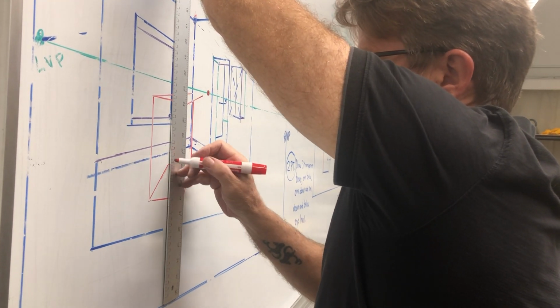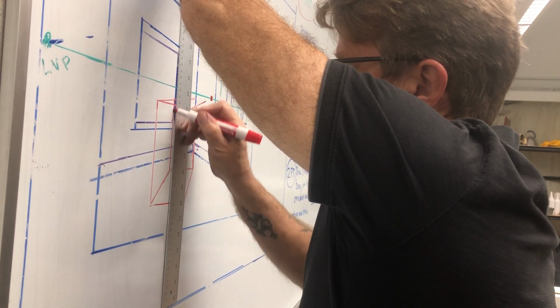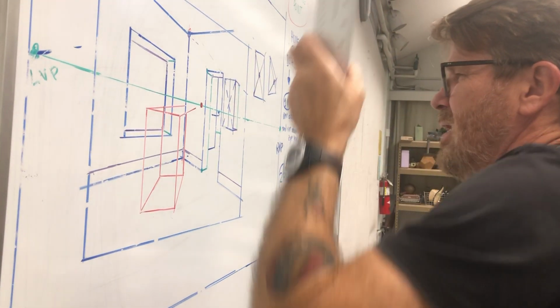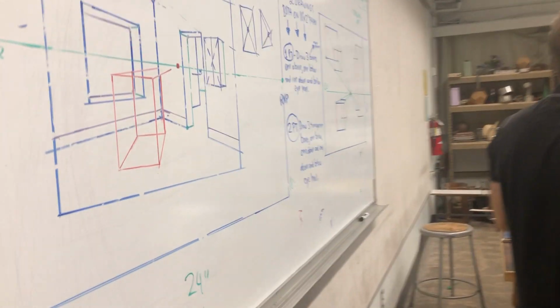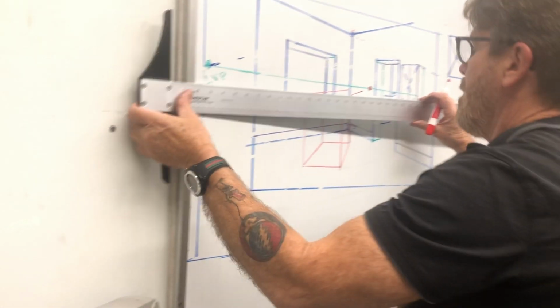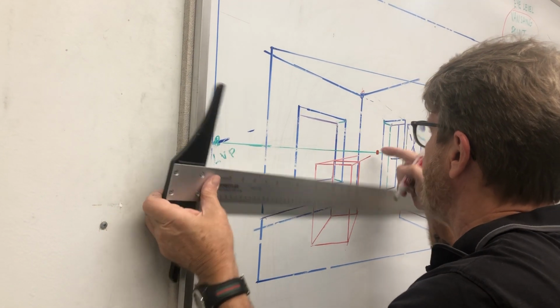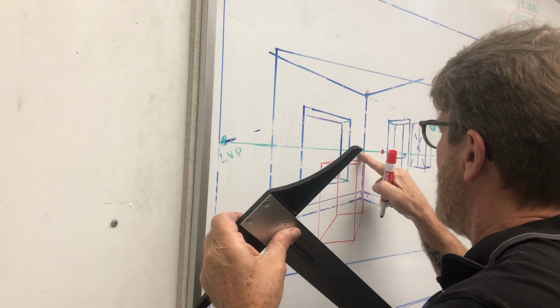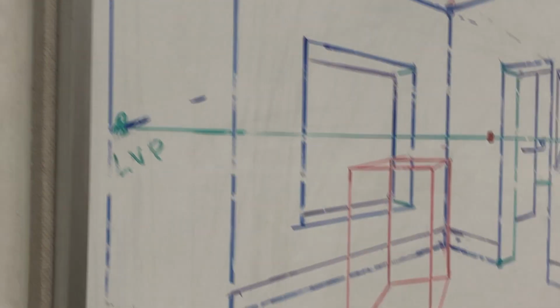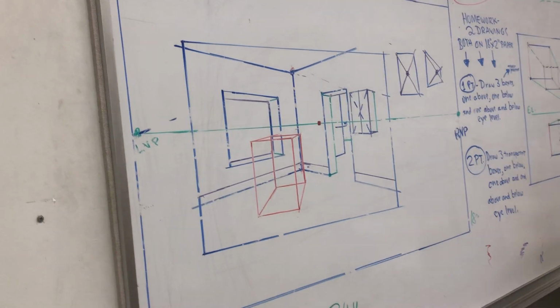Vertical, vertical, and it should line up in the back of the horizontal. And it does. There's a 1-point perspective box in a 2-point perspective room.